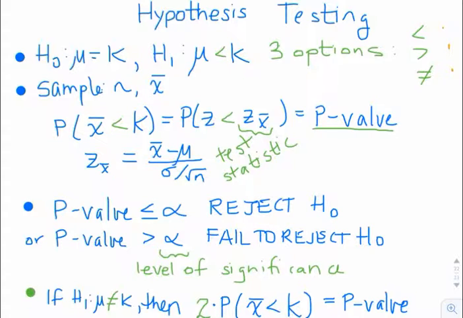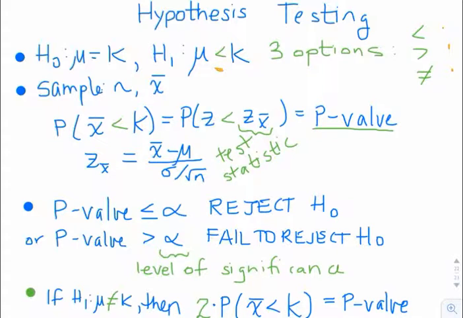So this is a claim about the population mean. What we're going to do is look at a sample. From that sample of size n, we get the sample mean, x bar. We're going to compare that to the claimed value for the mean, k.